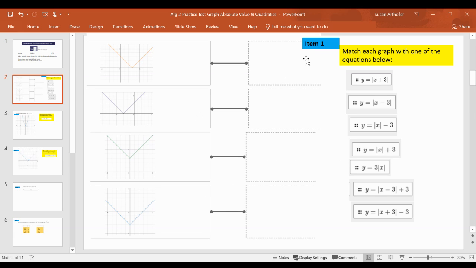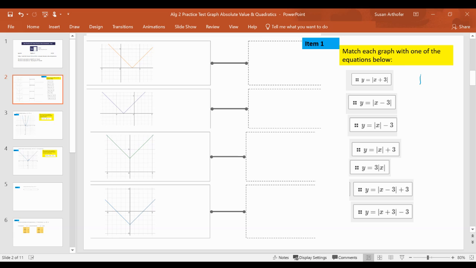So this is what item number 1 looks like in the test, and you're supposed to match up the equation and the graph. So you want to look where the vertex is on each graph in order to match those up. Okay, let me just grab a pen here.